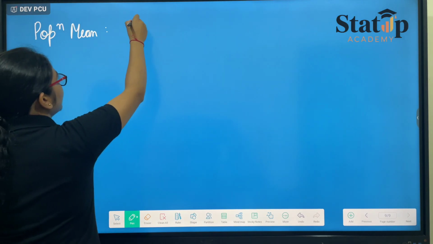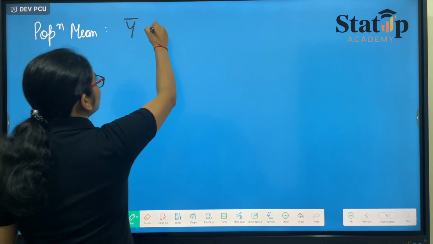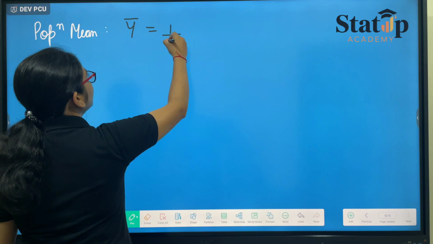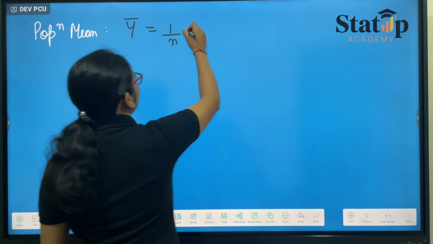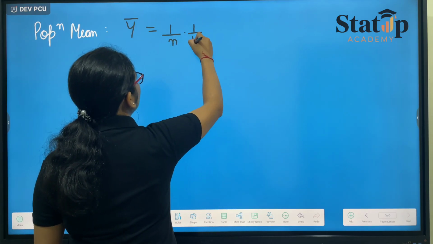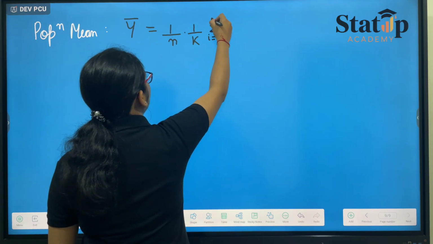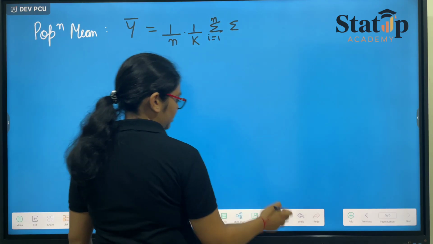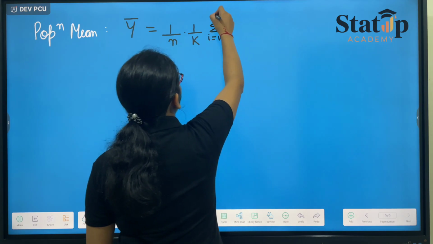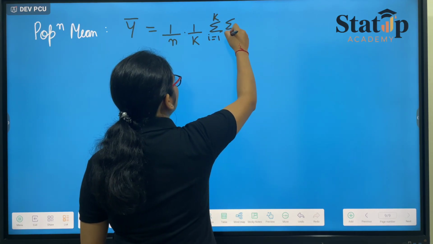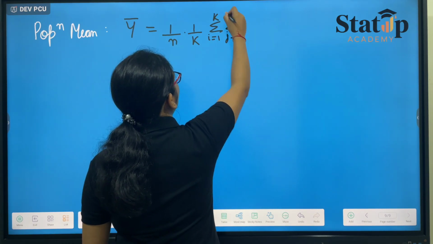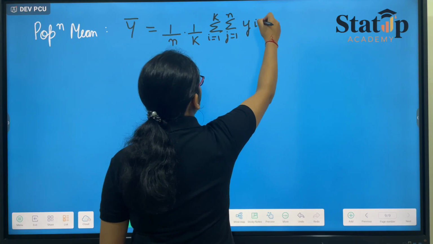Now population mean. Population mean can be written as Y bar, which is nothing but 1 upon n into 1 upon k summation i goes from 1 to k and summation j goes from 1 to n Yij.